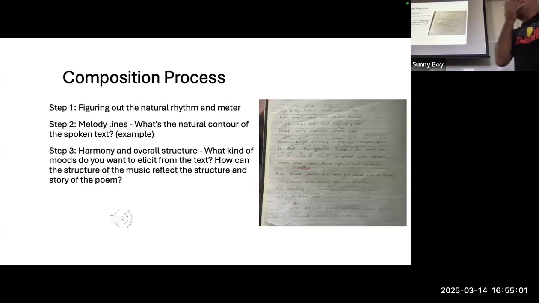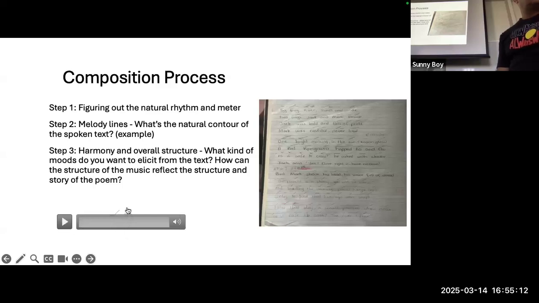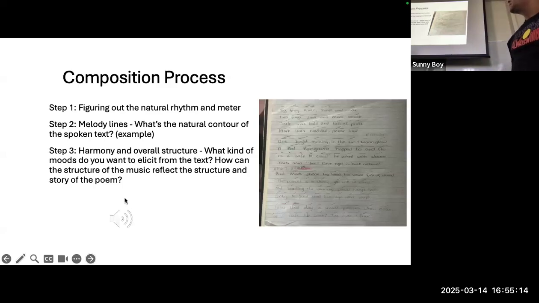So the most important thing for us in writing the music was to figure out the most natural rhythm and skipping pattern of the poem. We read through the poem a lot and made notes on the slides.